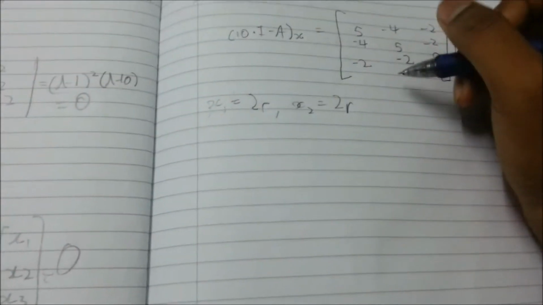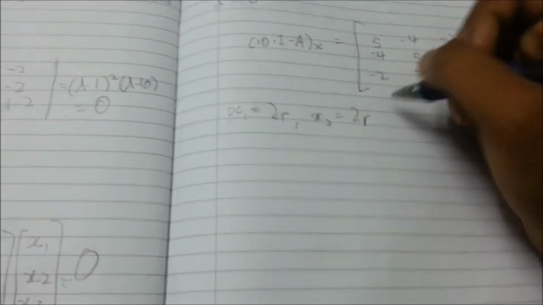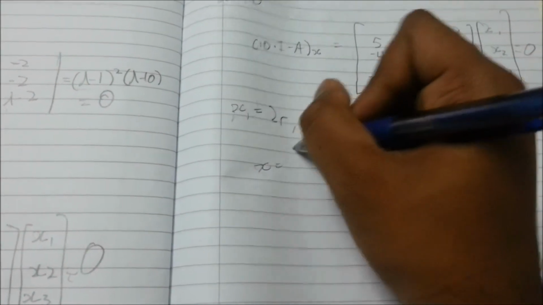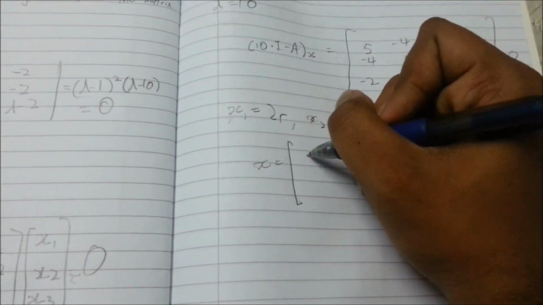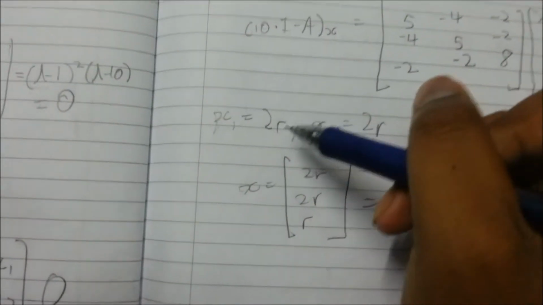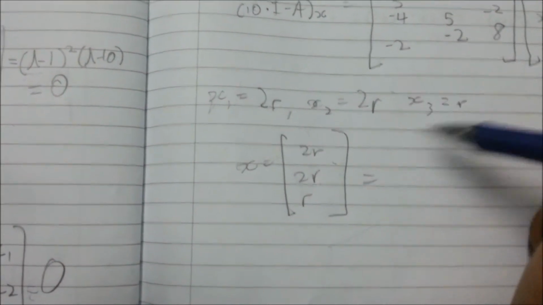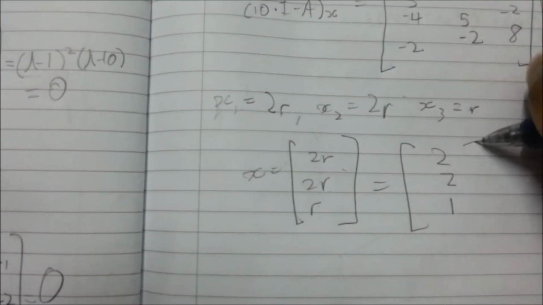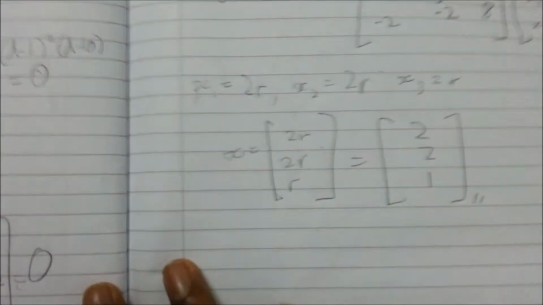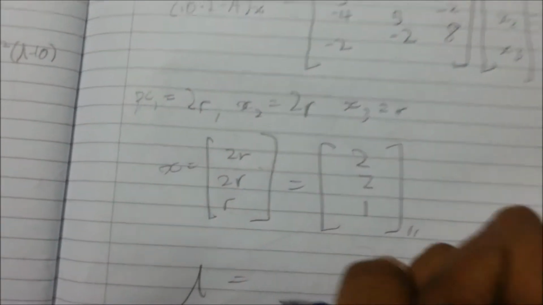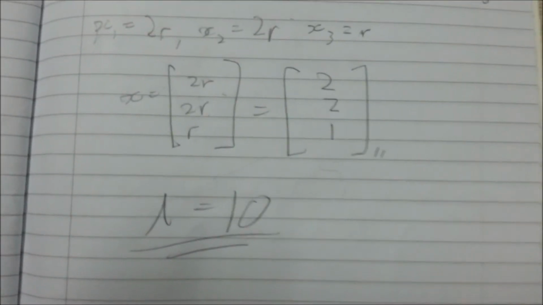So in this case x1 will be 2r, x2 will be 2r, and x3 will be r, which makes 2r, 2r, and r, equal to 2, 2, and 1, and that is the eigenvector associated with the eigenvalue lambda equals 10.